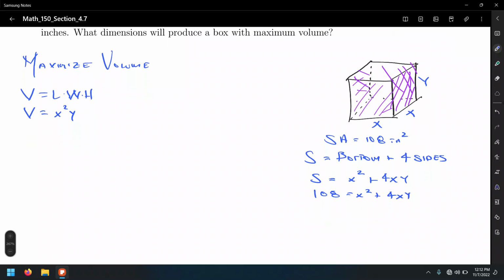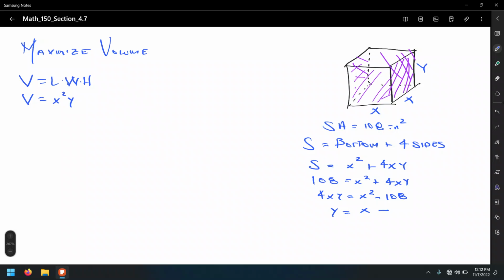How about we solve for y in this case? So 4xy equals x squared minus 108, and y equals, dividing both sides by 4x, x squared minus 108 over 4x.